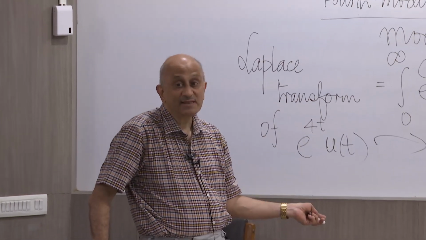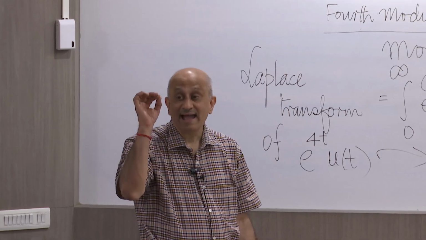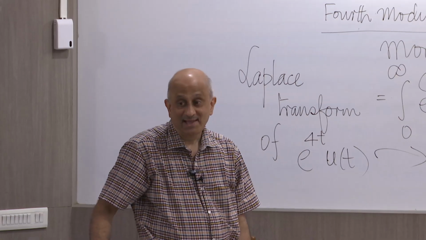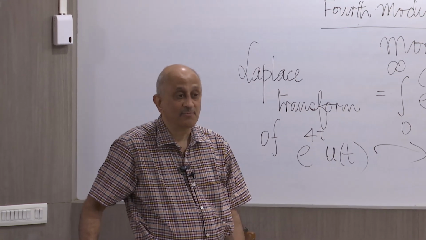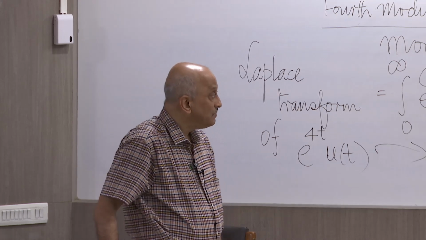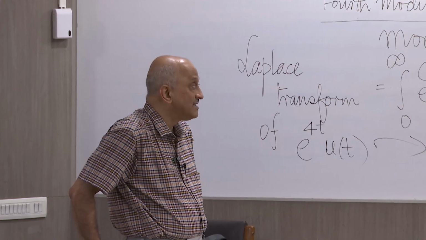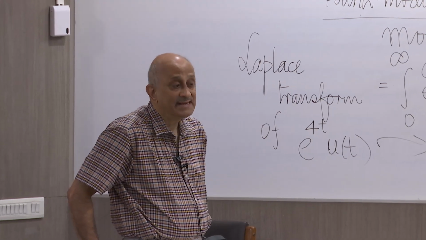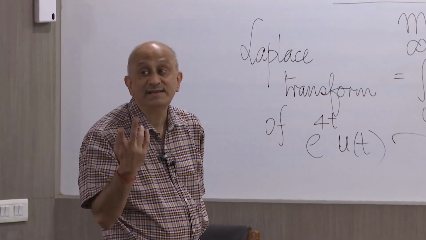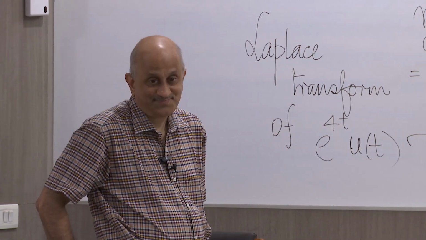So, a Laplace transform, it must be emphasized, is always an expression together with a region of convergence. You must never think of a Laplace transform only as an expression. In fact, we will also see why we have to specify the region of convergence. We may be tempted to think that if I see the expression, I will always associate a region of convergence with it. That's not true.